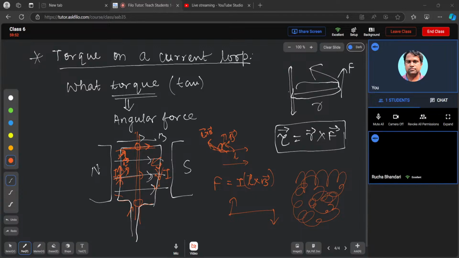Now we can use the formula torque equals R cross F, and write the final expression for the torque.